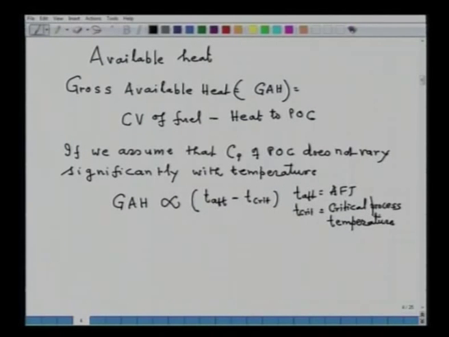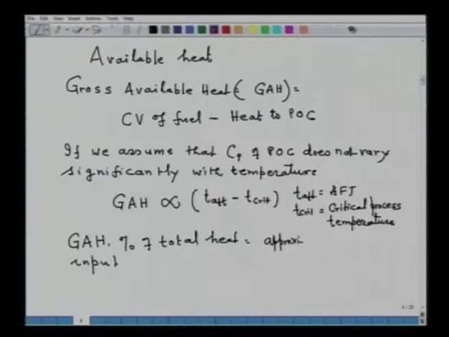Critical process temperature. Now, we can further define gross available heat in percent of total heat input. Percent of total heat input will be equal to approximately, and this approximately is coming because we have taken Cp to be slightly independent of temperature in the range of cooling from flame to the critical process temperature.